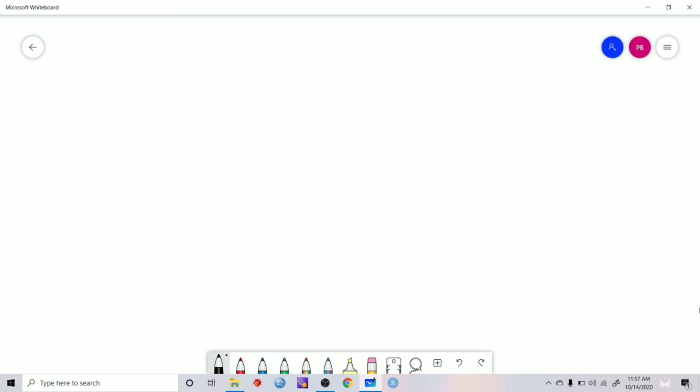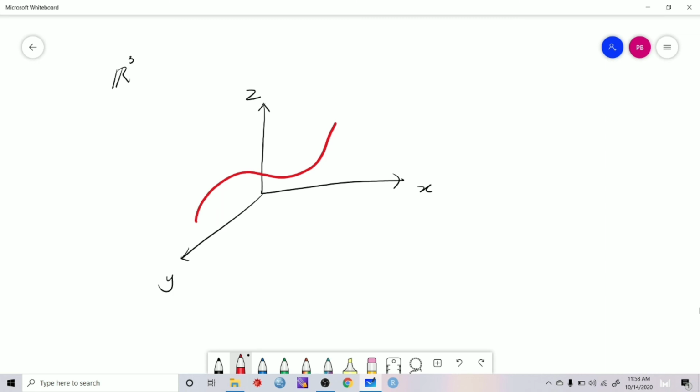Now the same argument in R3. Let's have first the graph. We have x, y, and z. And for example, this is your function. So we have here the point (x0, y0, z0).